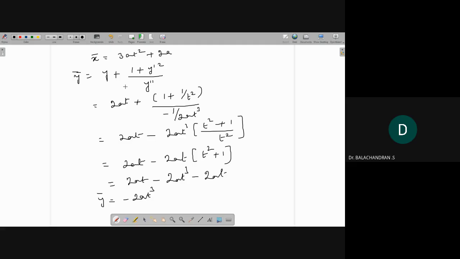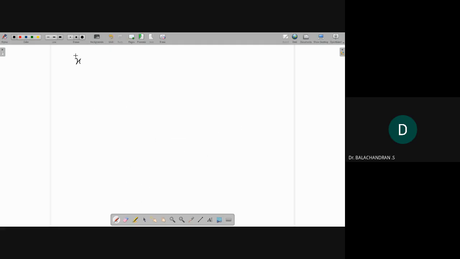So next step, I am going to write x bar and y bar in the next slide. x bar equals 3a t square plus 2a and y bar equals minus 2a t cubed.